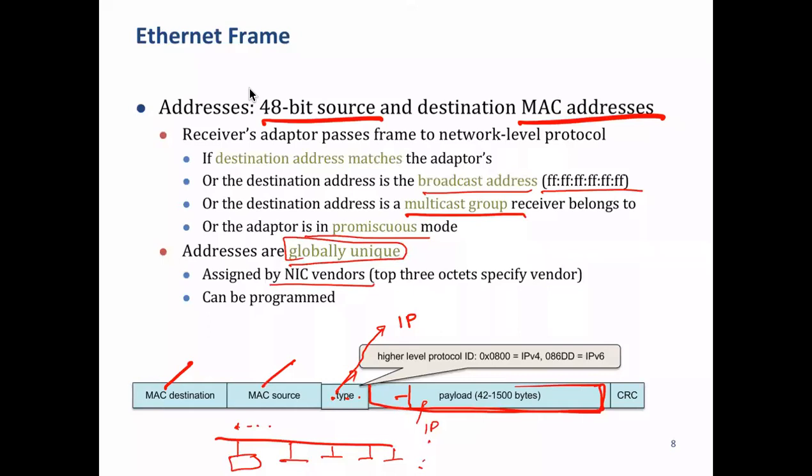But of course, you can program it, and then there can be a clash of MAC addresses. It can happen if you program it wrongly. But it has to be globally unique. But we don't use this global uniqueness for global communication.